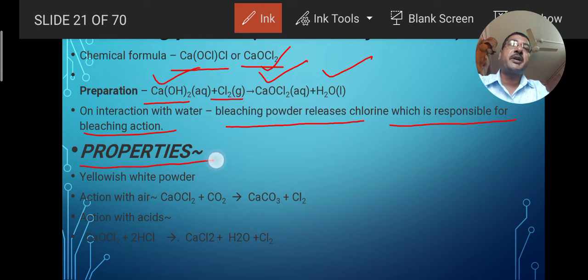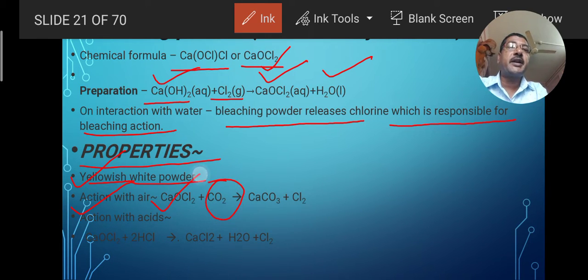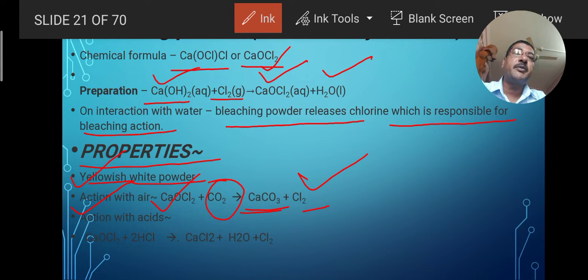What are the properties? Let us discuss. Number one, physical property: it is a yellowish white powder. If you observe it carefully, it gives a yellowish white color, and it is in the form of powder. Action with the air: when it comes in contact with the air, the carbon dioxide present in the air reacts with the bleaching powder and forms calcium carbonate along with chlorine gas.